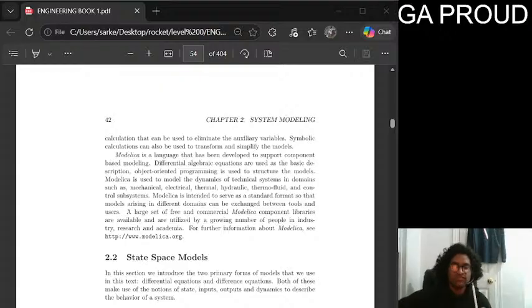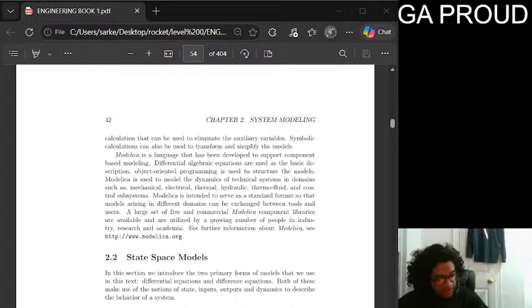What do you mean by physical rocket into mathematical state vector? Let me just finish everything, then I'm going to go back because I don't want to interrupt anything.